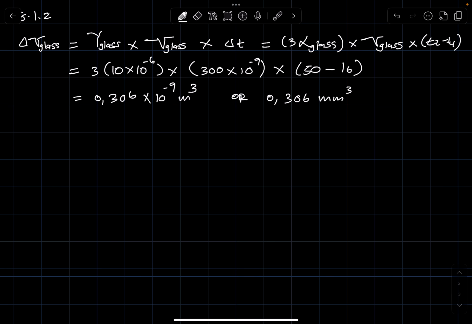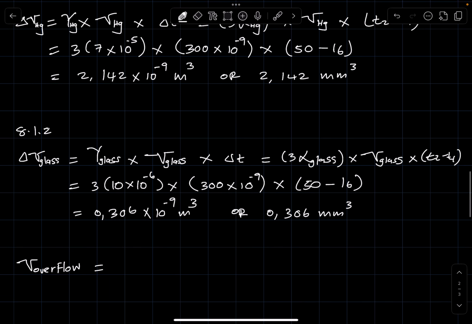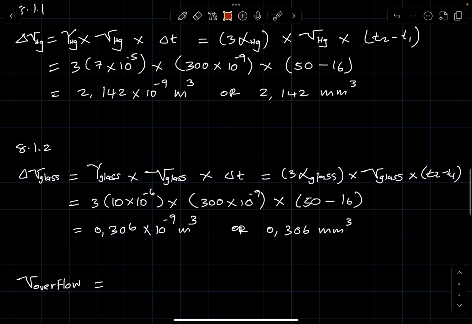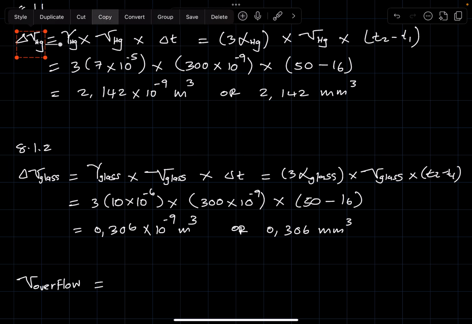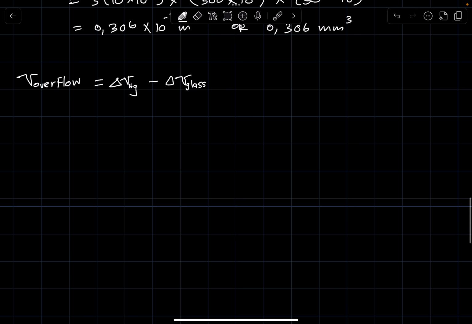And then to calculate the overflow or the spillage, the overflow will be equal to the mercury expansion minus the flask expansion.